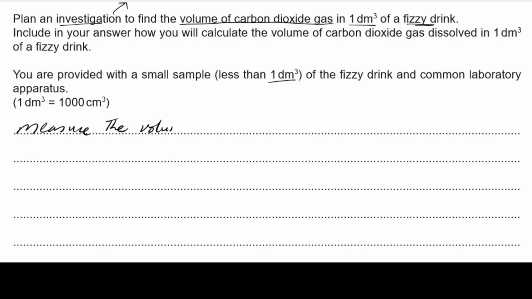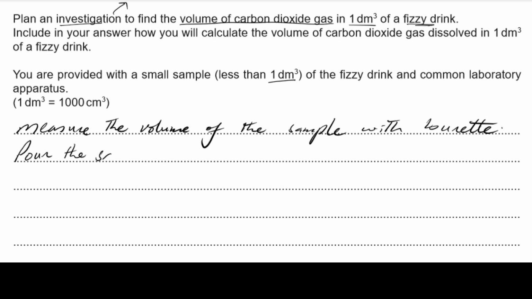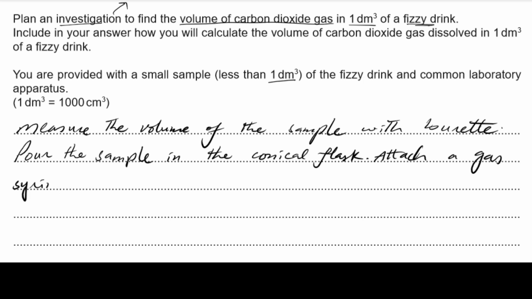So we would write: measure the volume of the sample with a burette. Pour the sample in the conical flask. Attach a gas syringe to the conical flask using a bung.